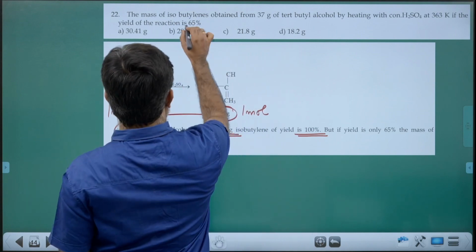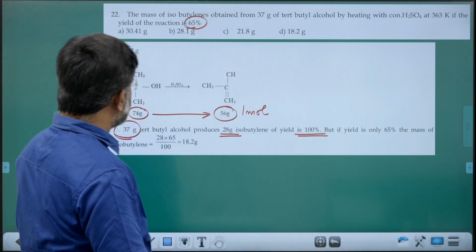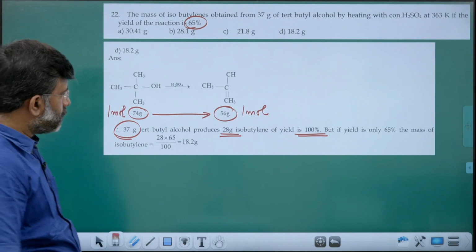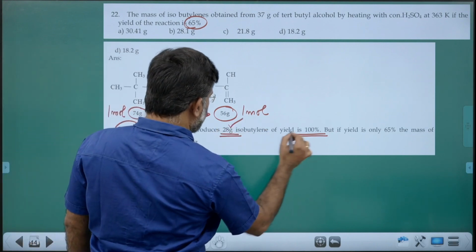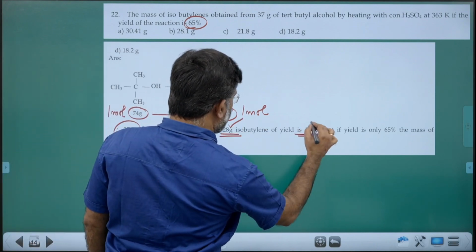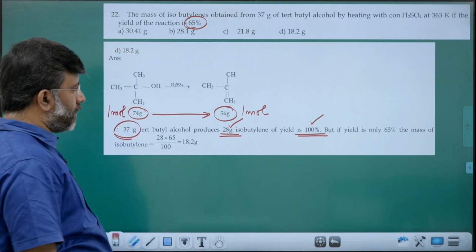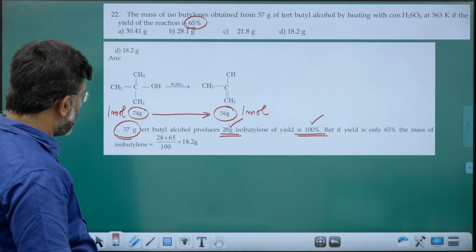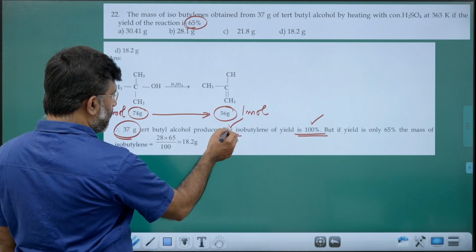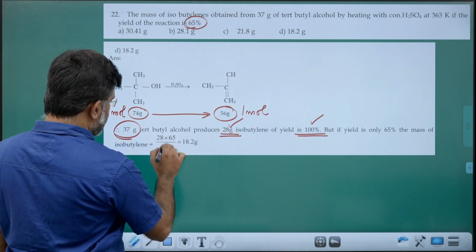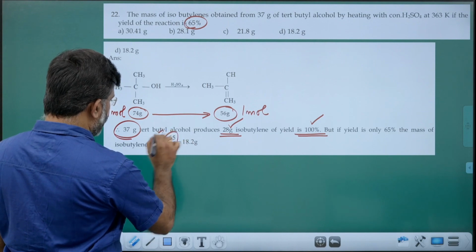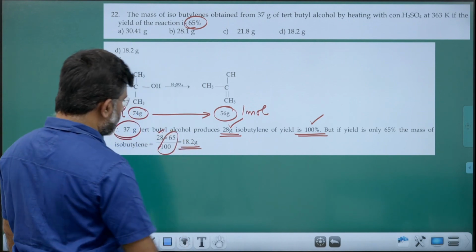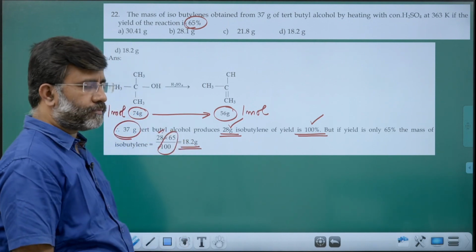But here the yield is only 65%. So this is the yield expected according to 100%, but the actual yield is only 65%. So the actual answer will be 65% of this. 65% of 28 is 18.2 gram.